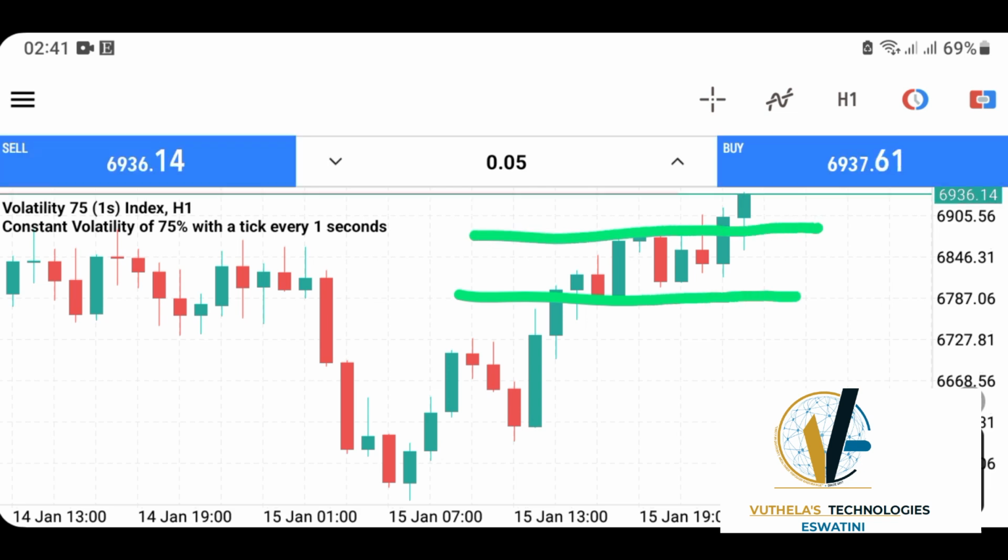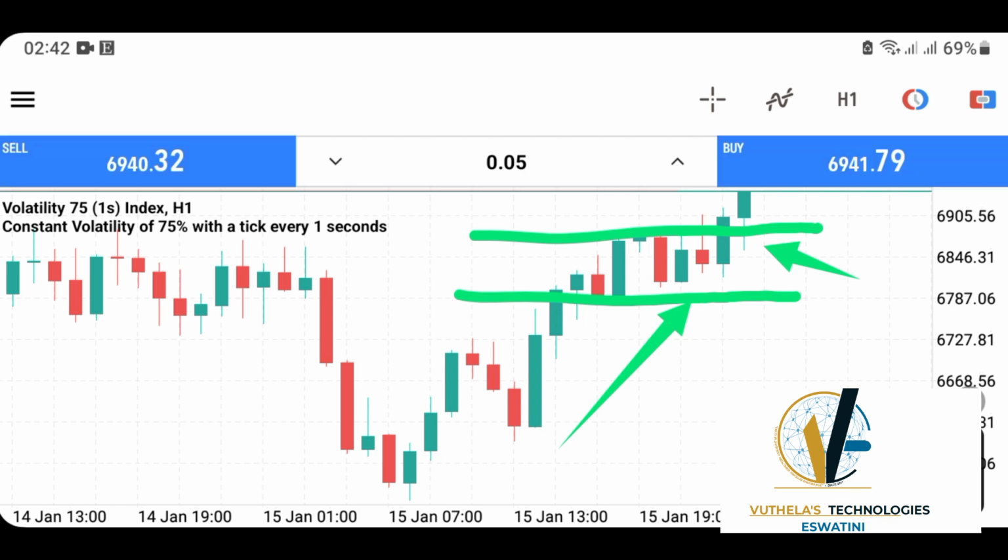So when the market is going up and it fails to continue going up, that one we call a resistance level. Okay, we call it a resistance level here. Then when it fails to go down further, we call it a support. Those are the main basics.